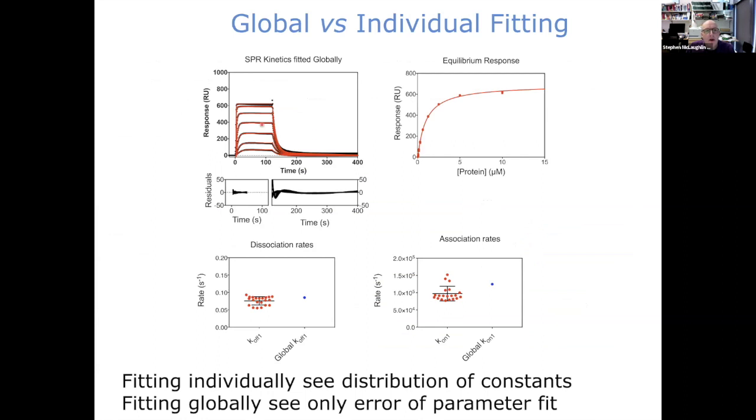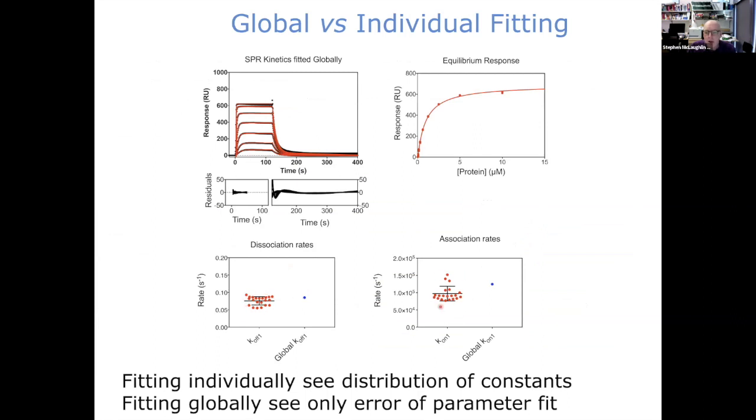So here's an example, with SPR, of fitting globally. Can we compare this? If we fit the kinetics against the equilibrium response, and you fit globally, you get one point, and then you can compare that against fitting singly. Do they correlate?